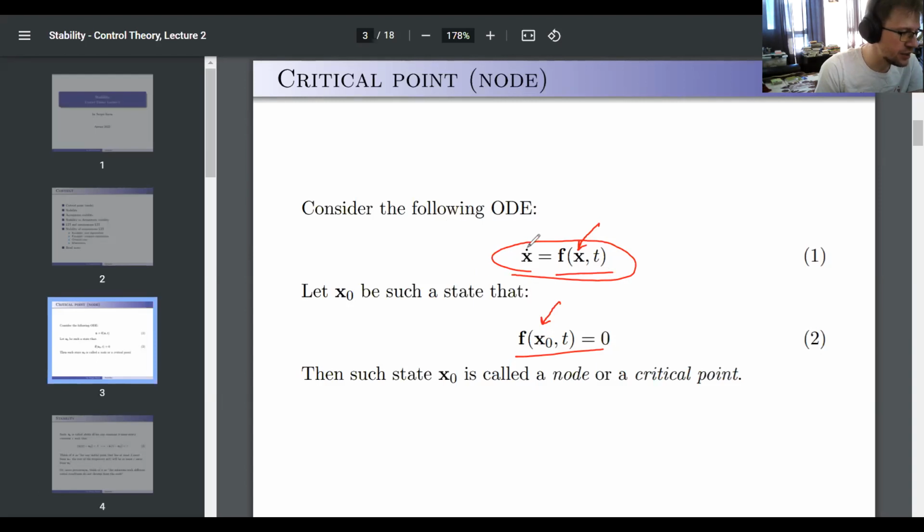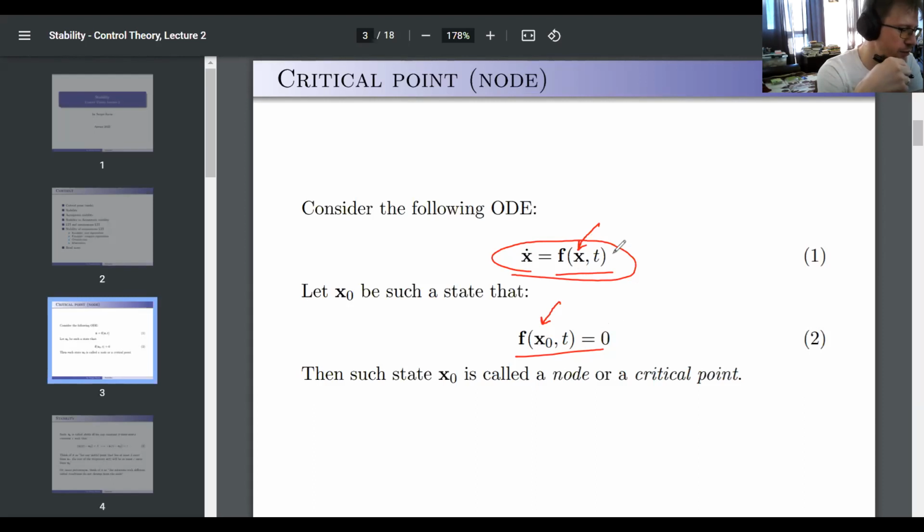That means that the state of the system is no longer going to change. As soon as you find such a value of x that this is true, this value is not going to change. So the solution for this equation will become a constant. It's not going to change with respect to time.